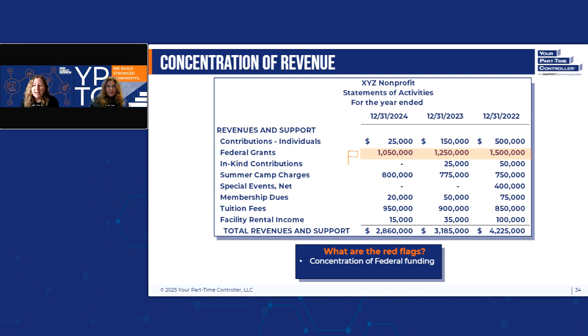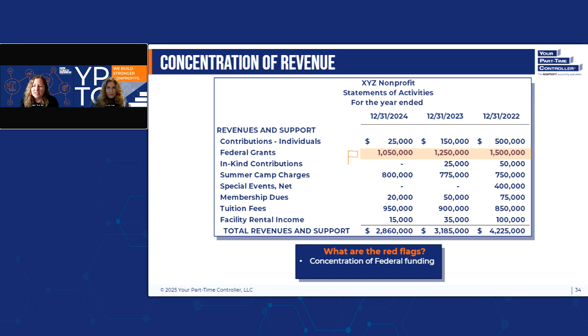So anytime you're dependent on a limited number of funding sources, you have to focus on diversifying. So look for more revenue streams, attract more donors, more funders, particularly unrestricted, right? That's what everyone wants. In this case, the fact that the concentration is in federal grants, that's a very significant red flag, given recent fluctuations in federal funding being frozen, unfunded, unfrozen, I'm sorry, and affected by executive orders.